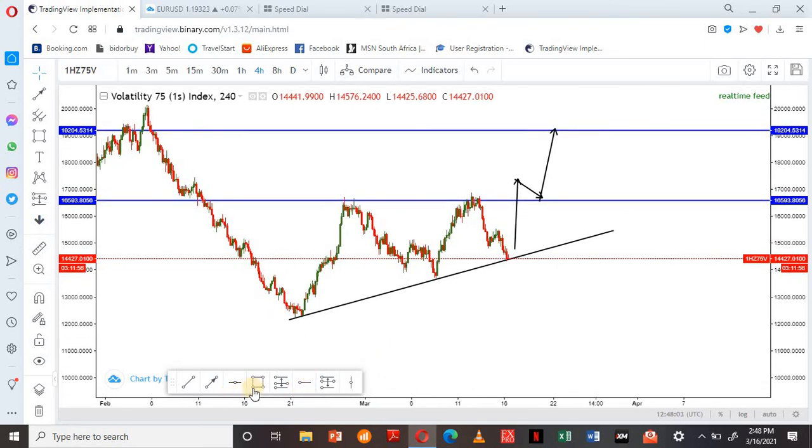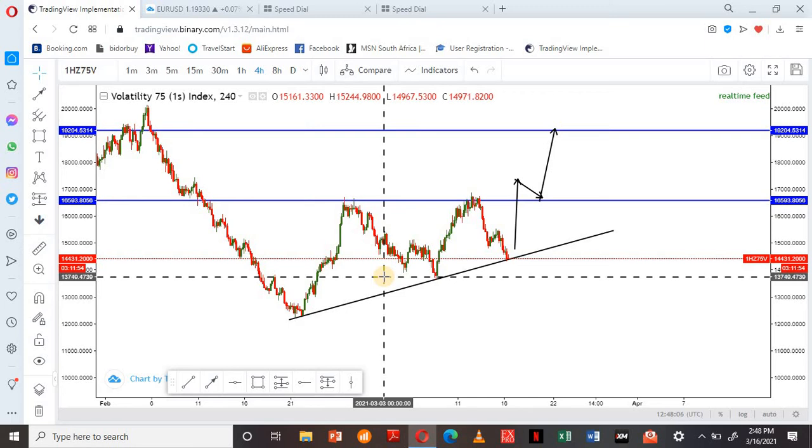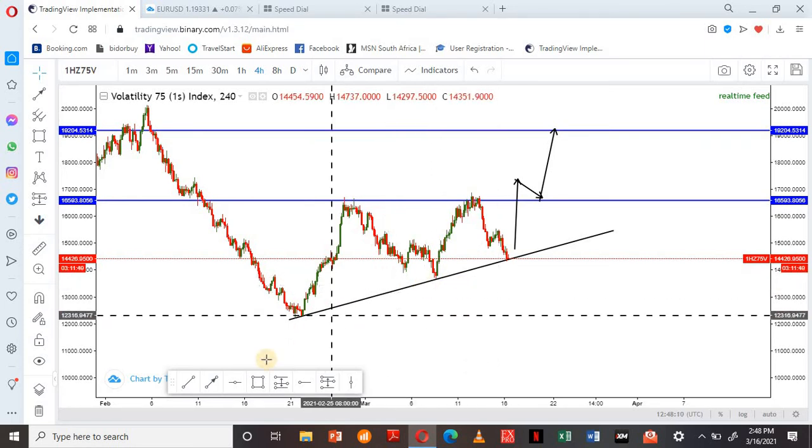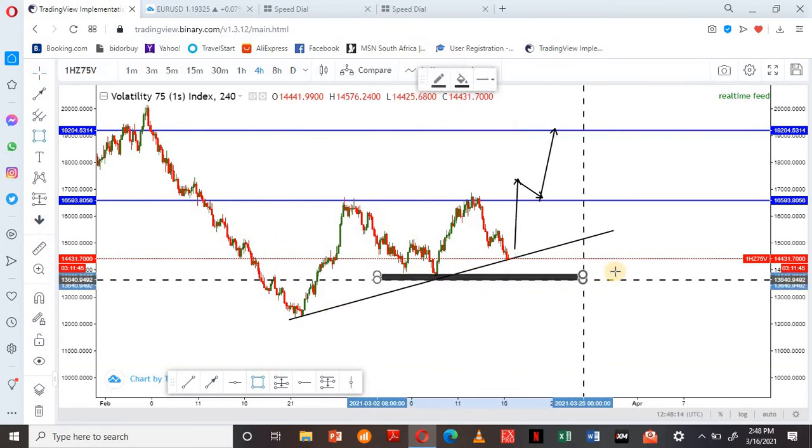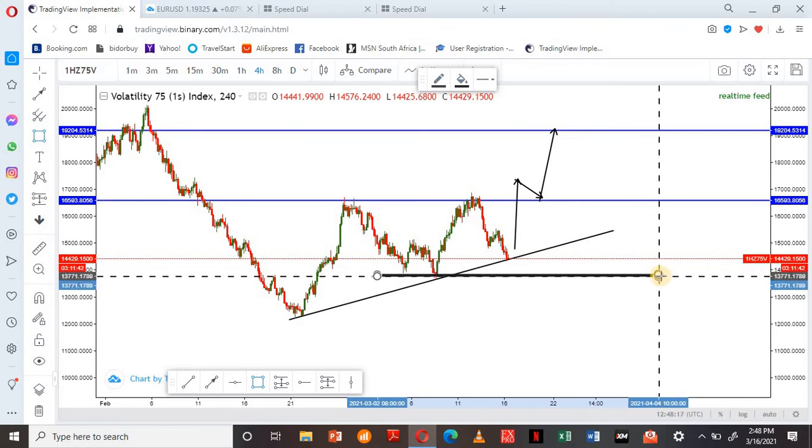And as you can see on the 4-hour chart, which also plays a major role when it comes to identifying these levels, we simply have the same analysis as the previous time frames.